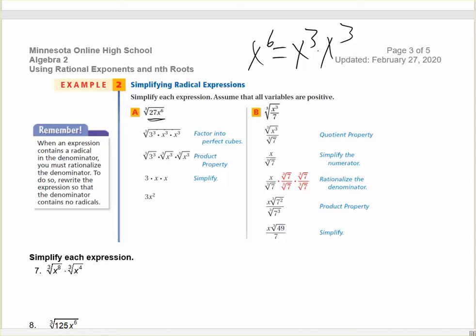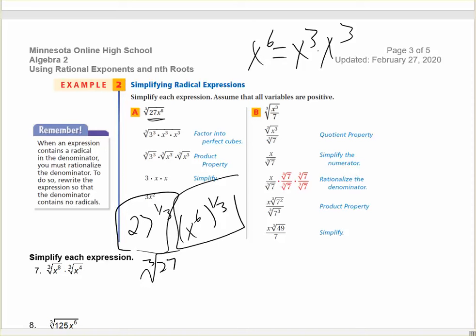Another way of simplifying would be taking 27 to the 1/3 power and x to the 6th to the 1/3 power. So writing it, instead of a radical, as a rational exponent. And then figuring out what this is, well, it might make more sense to think, what is the cubed root of 27?